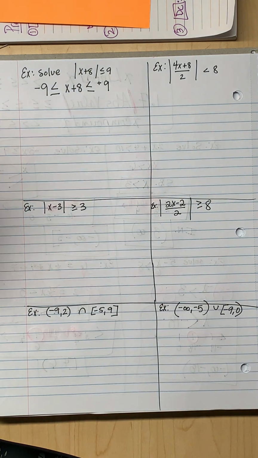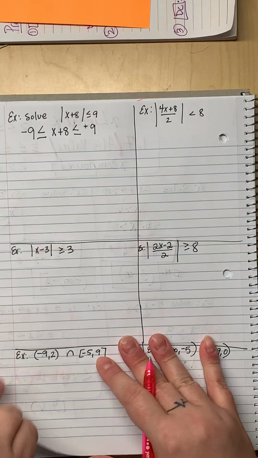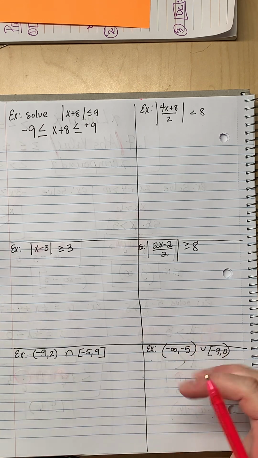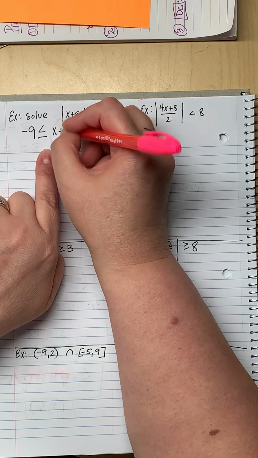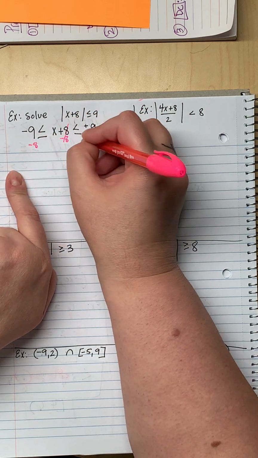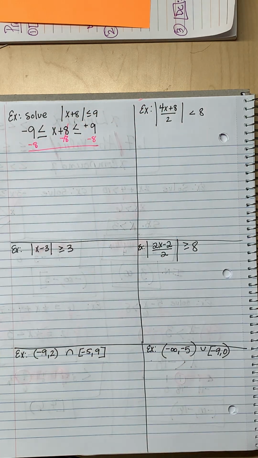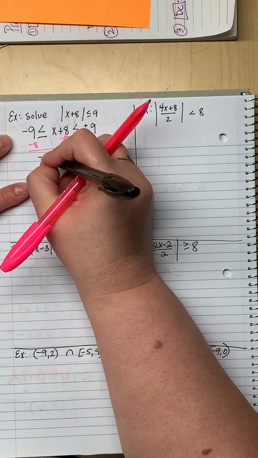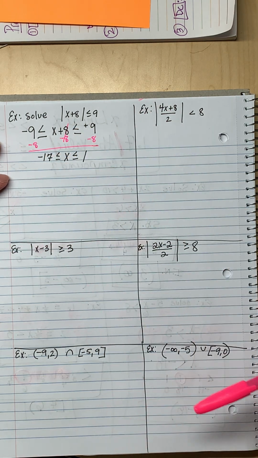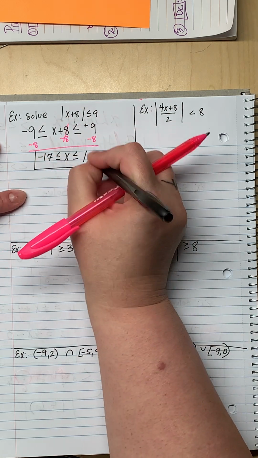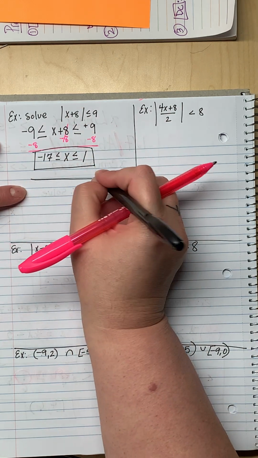Yeah, okay. So this turns into one of those problems we just did with the compound inequality, where to get x by itself, you subtract 8 from the 8 and the 9. And you get negative 17 less than or equal to x less than or equal to 1. So that's the set builder notation. Then we draw a number line.